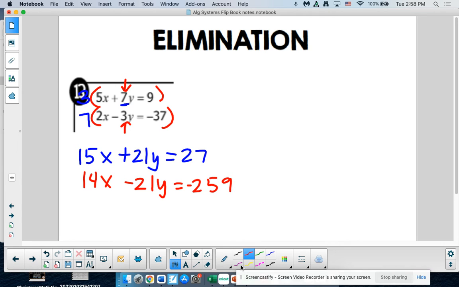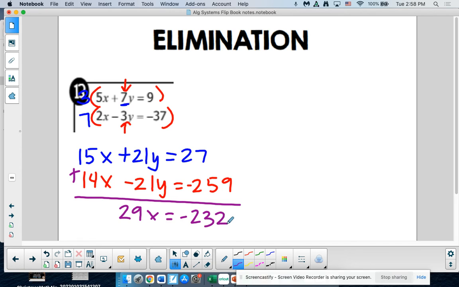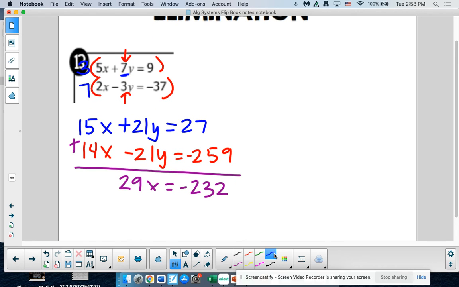A big one. All right, again, check to see will we have variables that will eliminate, and yes, we do. Our y's are opposite each other, so 15 plus 14 is 29x. Negative 259 plus 27 is equal to negative 232. And then again, our last step is to simply divide out. We should get x is equal to negative 8. I'm going to plug into the top one.